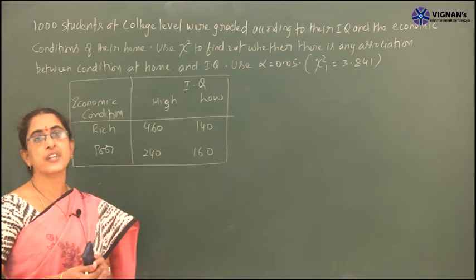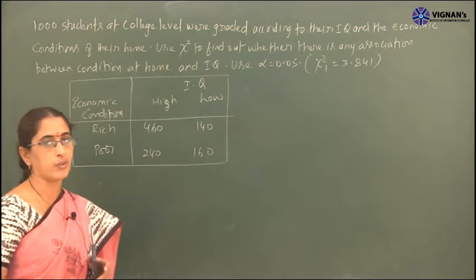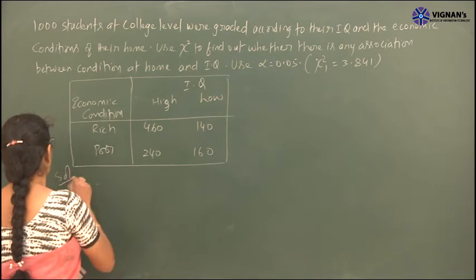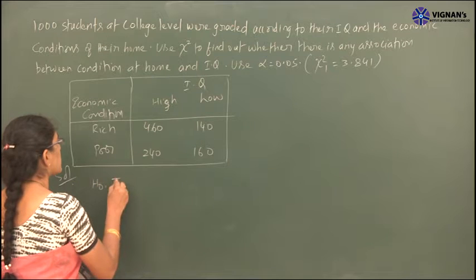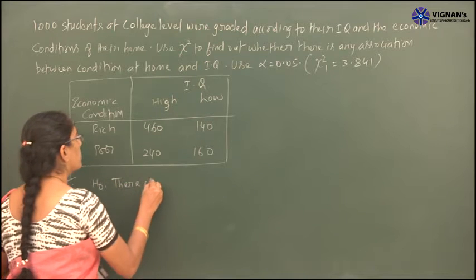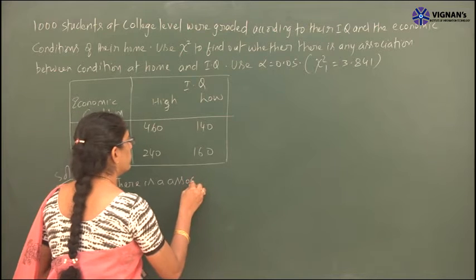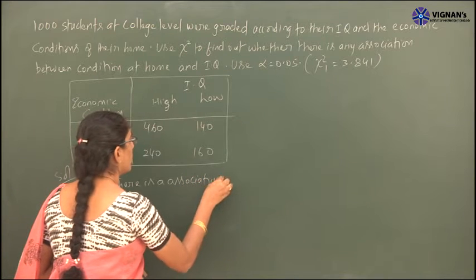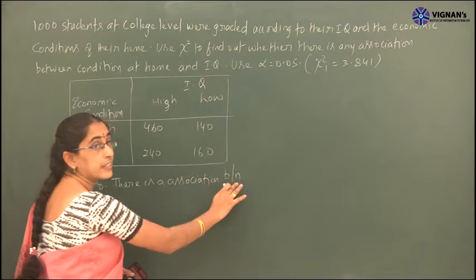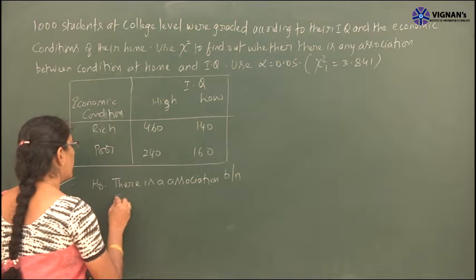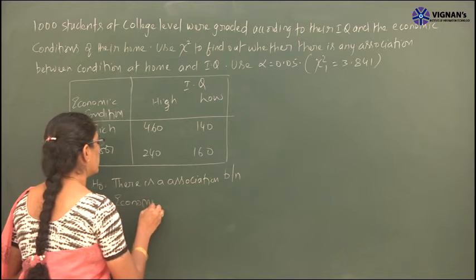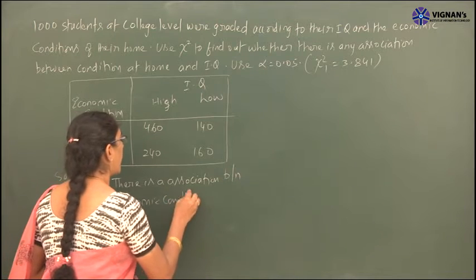First we have to frame the null and alternative hypothesis. The null hypothesis is that there is an association between economic conditions and their IQ.